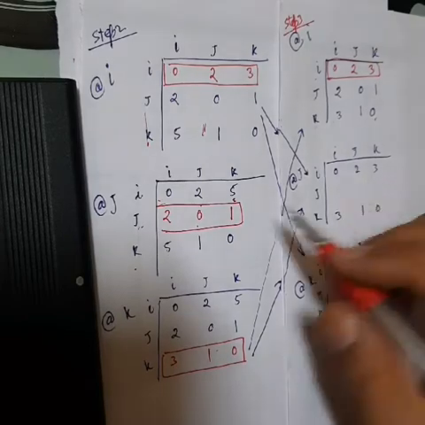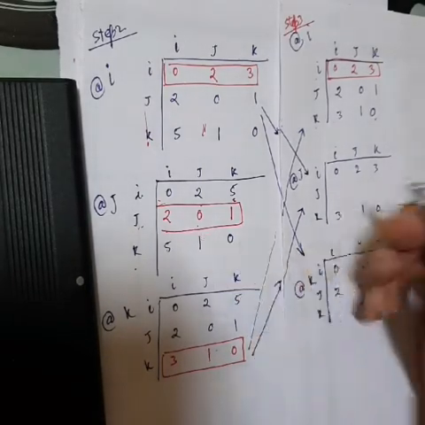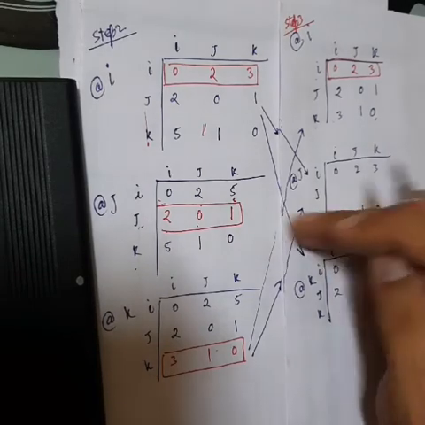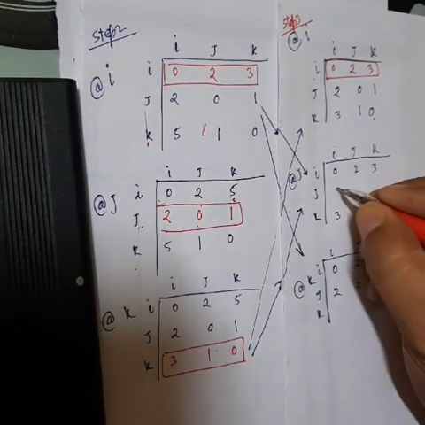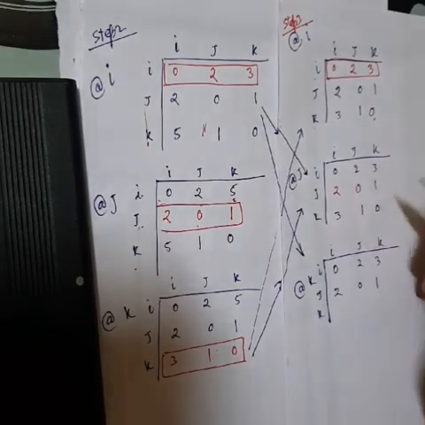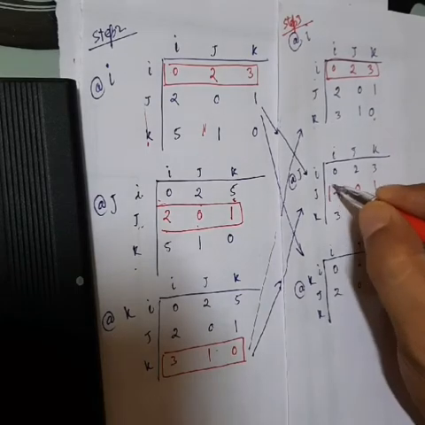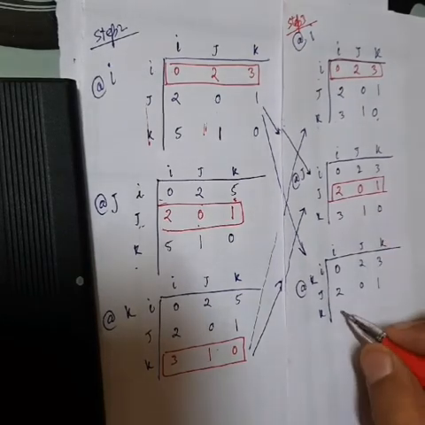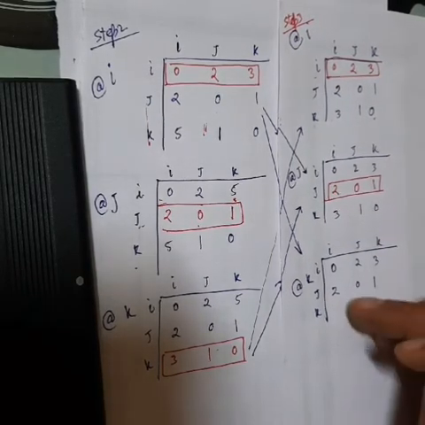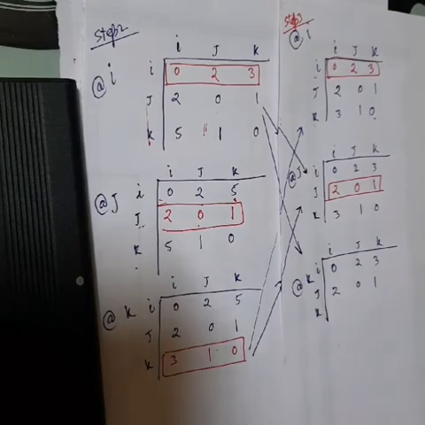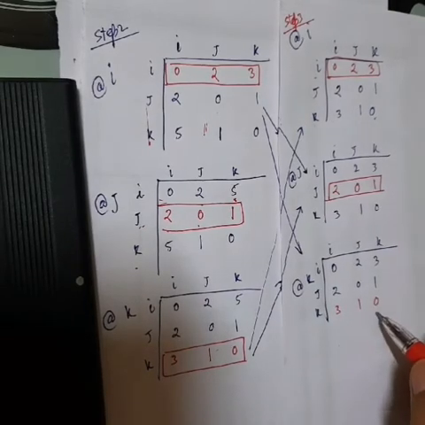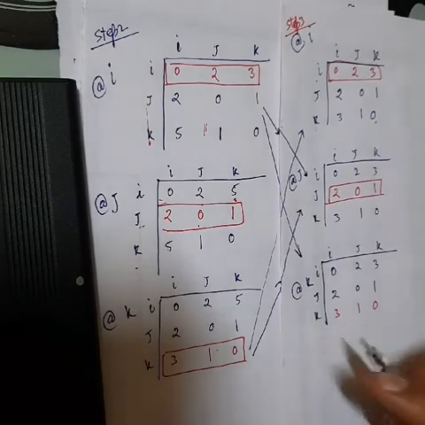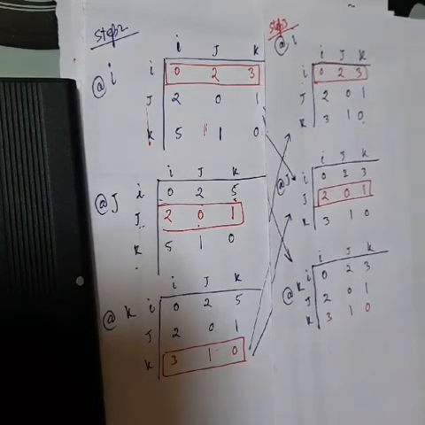The previous state was 2 0 1, and there is no change in this step either, so 2 0 1 is the vector. Now in this step, the distance vector at K is 3, 1, 0, so K also has no changes in its distance vector.